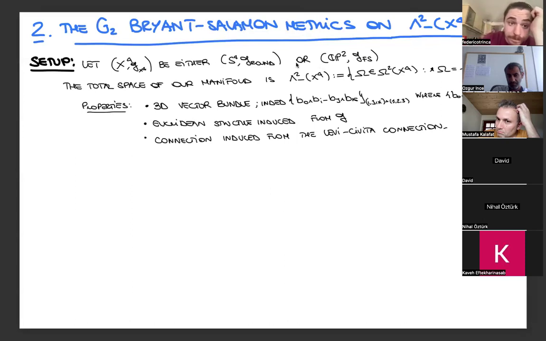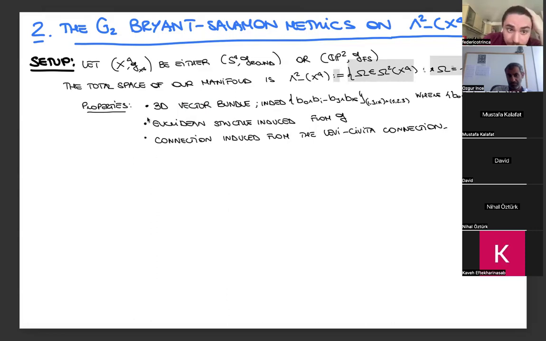So the total space of our manifold is the anti-self-dual two forms of X4, which are the two forms for which Hodge star of omega is equal to minus omega. And this is a 3D vector bundle. Actually, this is not really correct, but it doesn't matter.